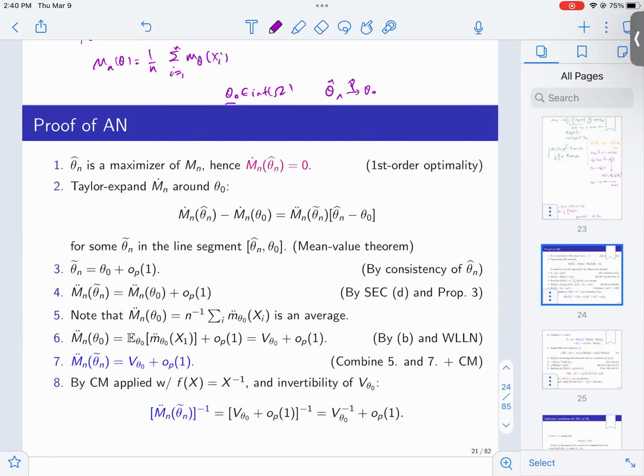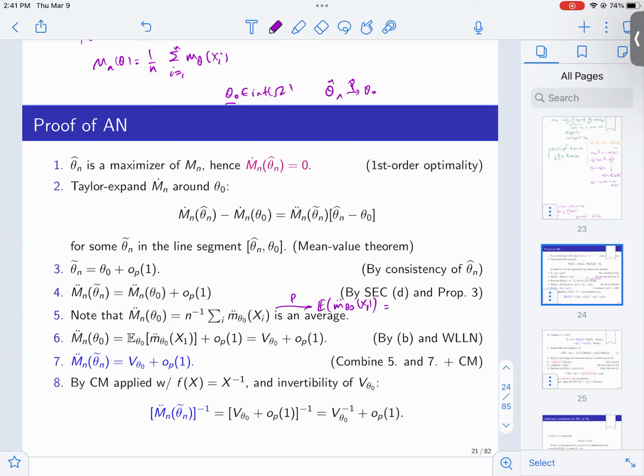Because it's an average, we know a lot about these averages. In particular, it's computed at a fixed theta naught, so the only randomness is in the xi. So each term is IID. So this guy is going to converge in probability to its mean, the expectation of m double dot theta naught of x1.